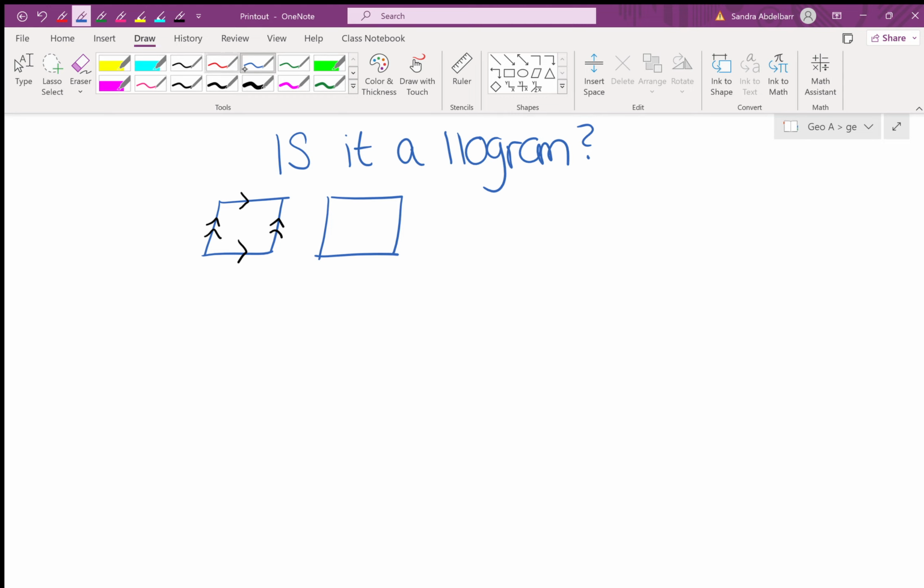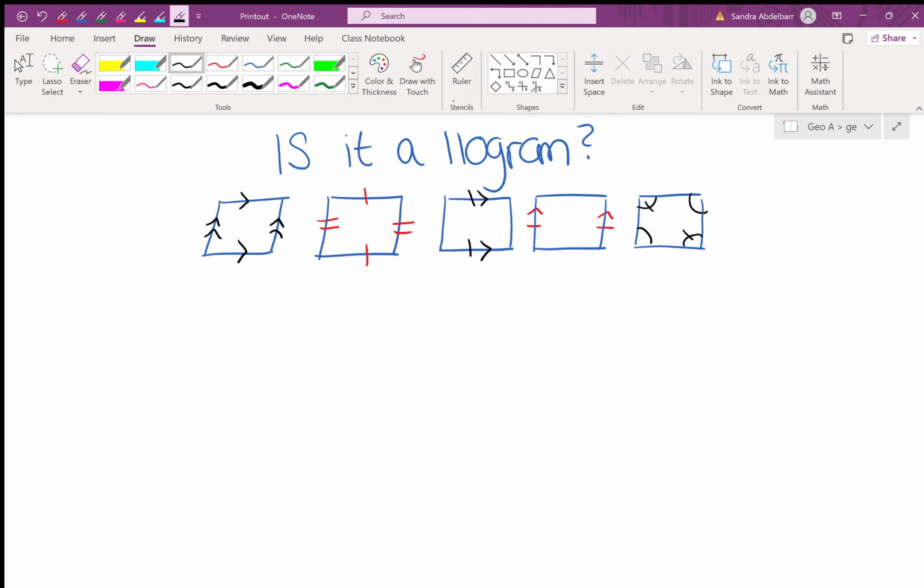It only needs one. One of the 5 ways. Right?